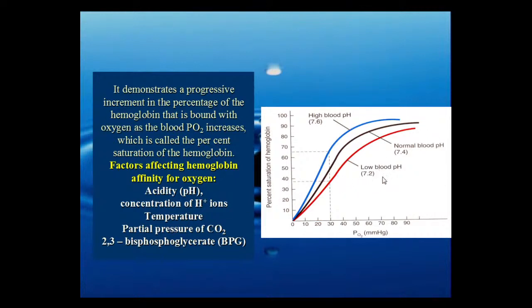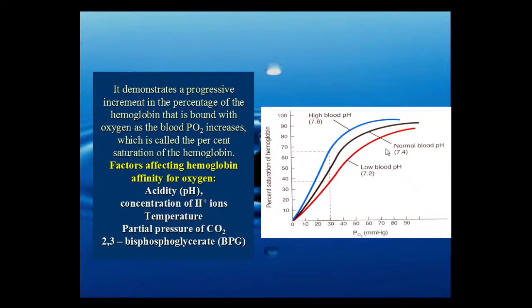For example, here you can see changes of pH, low blood pH and more acidity. In this case, we see how the process of dissociation of oxyhemoglobin and the movement of oxygen to tissues can be changed.